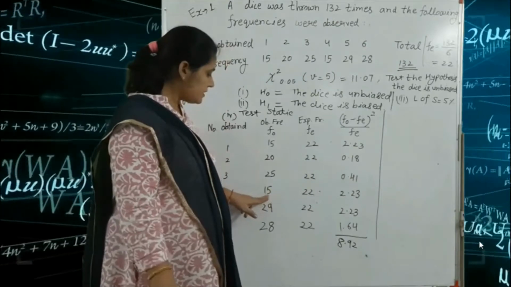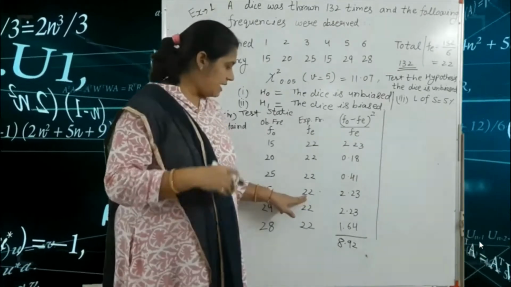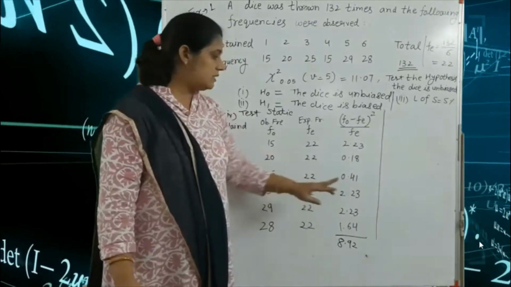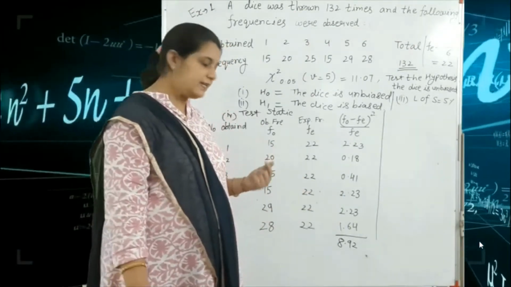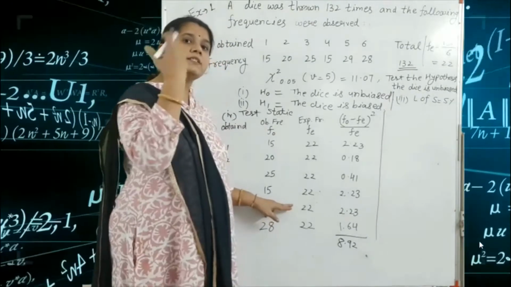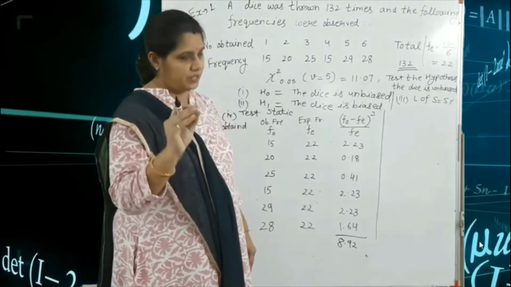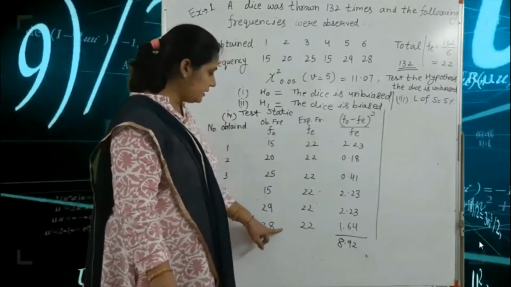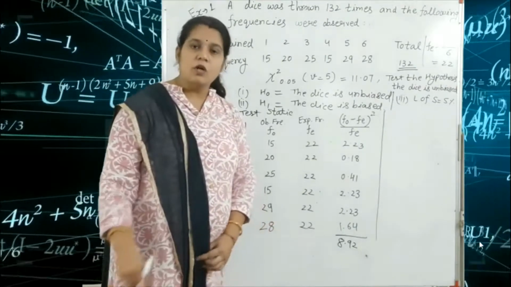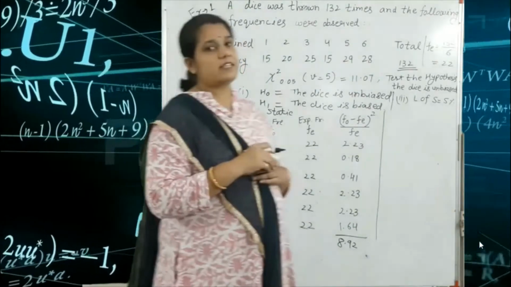Next, 15 minus 22 whole square divided by 22 is 2.23. Second last is 29 minus 22 whole square divided by 22, we get 2.23. And the last is 28 minus 22 whole square divided by 22, which is equal to 1.64.